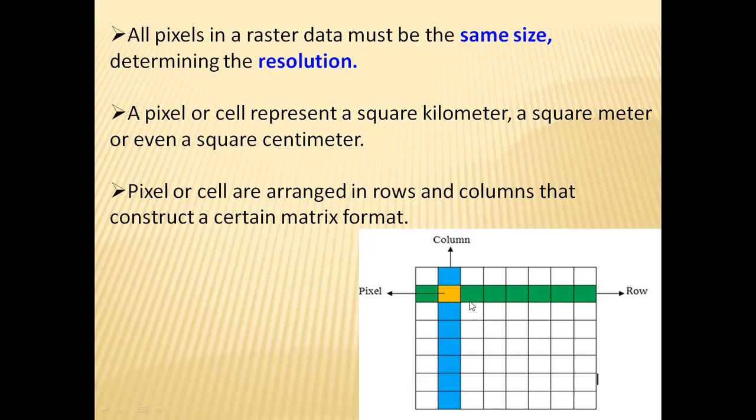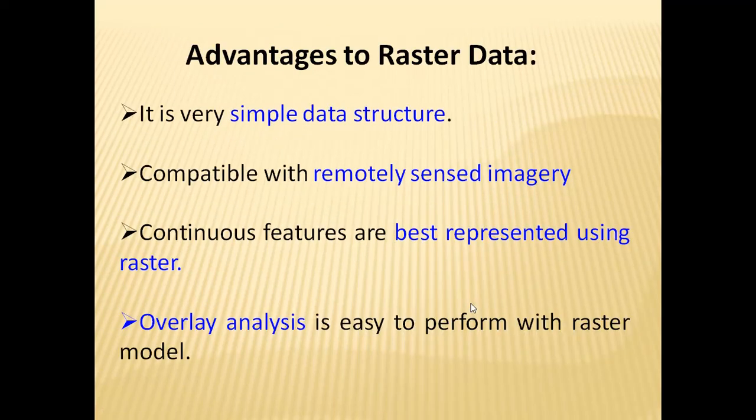What is the advantage of raster data? It is a very simple data structure, compatible with remotely sensed imagery, continuous features are best represented using raster, and overlay analysis is very easy to perform with raster models.